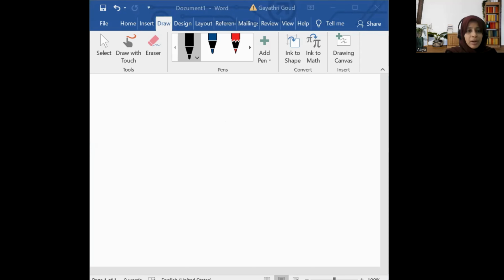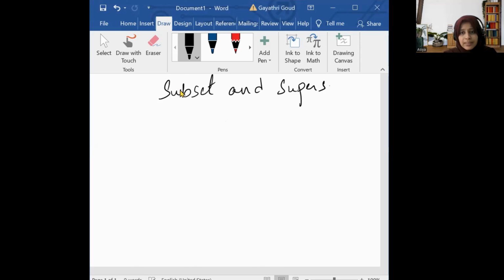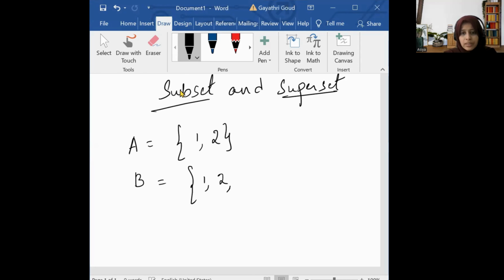We'll first learn about something called a subset. What exactly is a subset and a superset? Let us understand this through an example. Suppose there are two sets A and B. Set A contains elements 1 and 2, and set B contains elements 1, 2, 3, and 4.